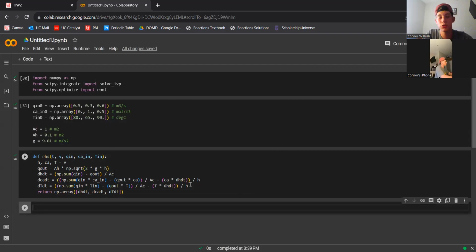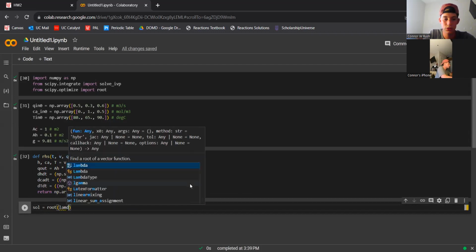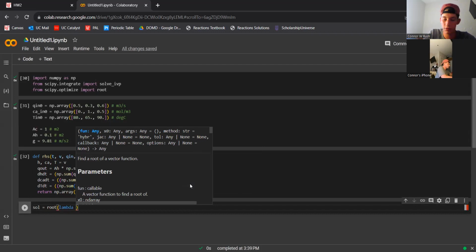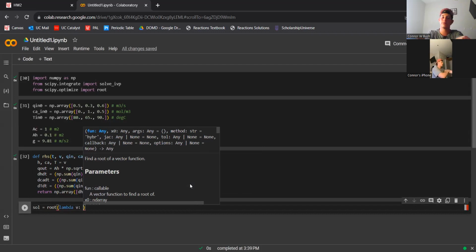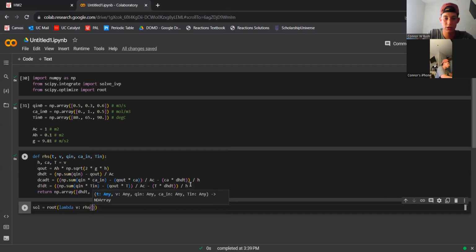So now we're going to store our solution into this variable, which is called sol for solution. We're going to call the root function. We're going to need to use this lambda function in reference to V, so we're going to call within this lambda function our right-hand side.